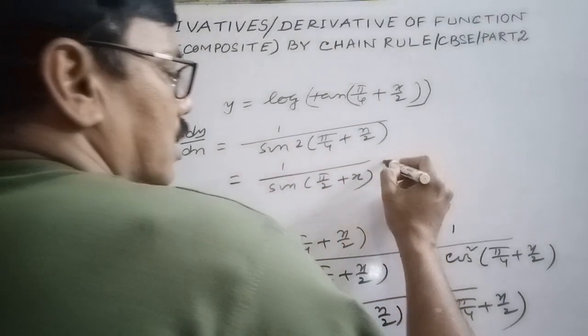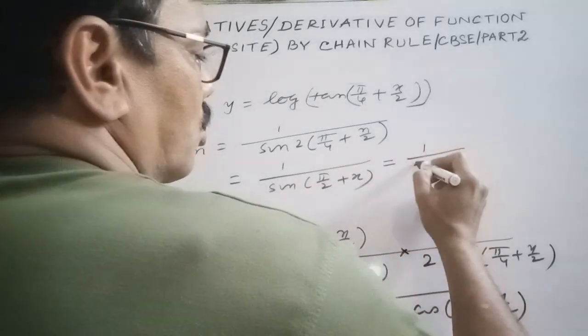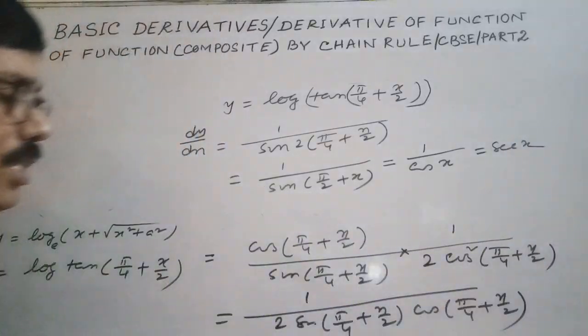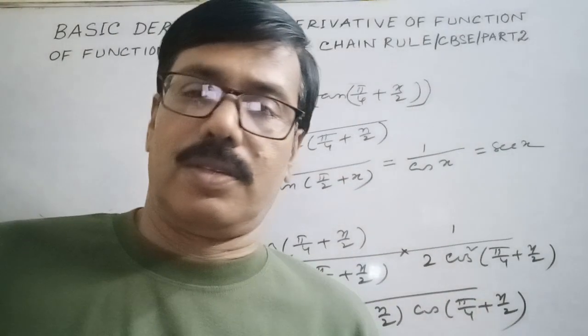So 1 by sine 90 plus theta. This is cos theta. This is cos x. So finally sec x. So the derivative of log tan pi by 4 plus x by 2 is sec x.